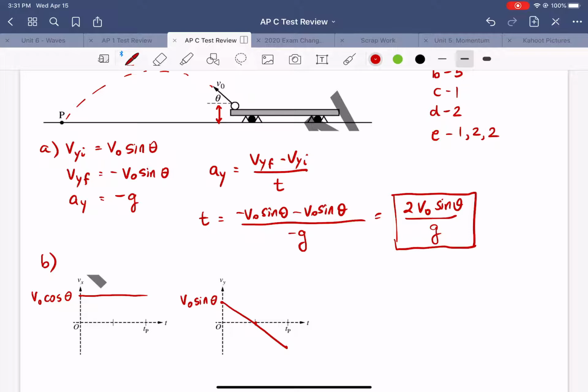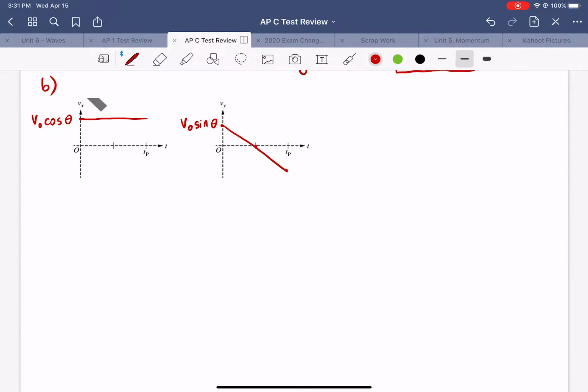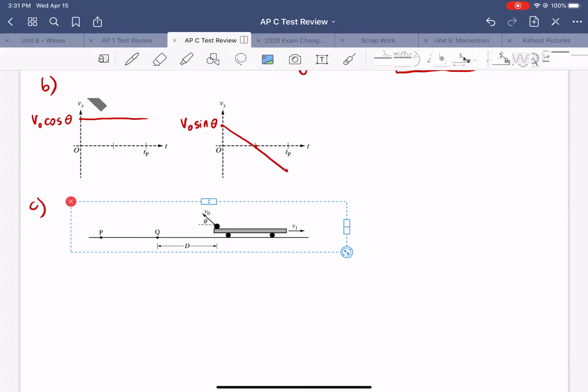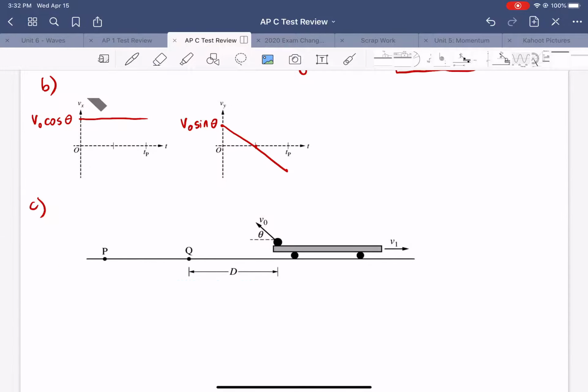Okay, so in part C, we're going to modify our setup a little bit. All right, so in part C we are going to free up this cart to move horizontally, and in fact we're going to give it a horizontal velocity v1 moving to the right as this projectile is launched.